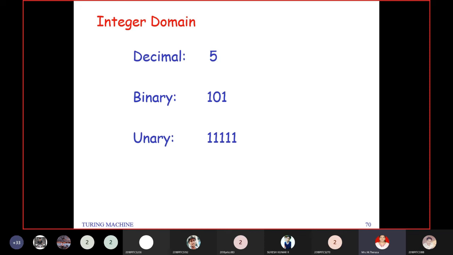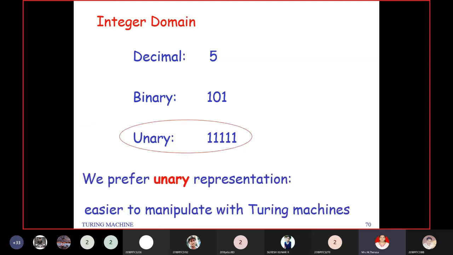For example, 5 in binary is 101, but in unary you can use five ones to represent it. We prefer unary representation because it is easier to manipulate in Turing machines.